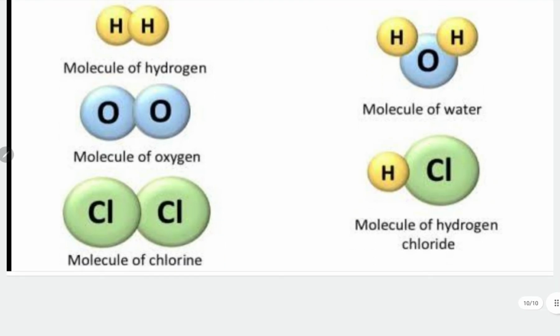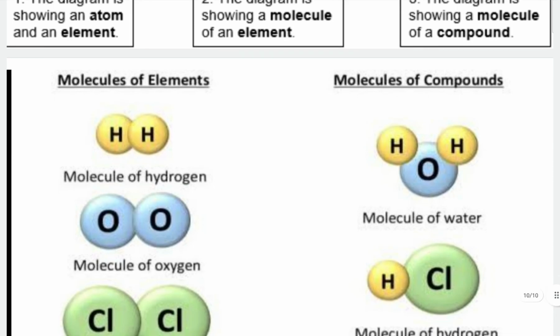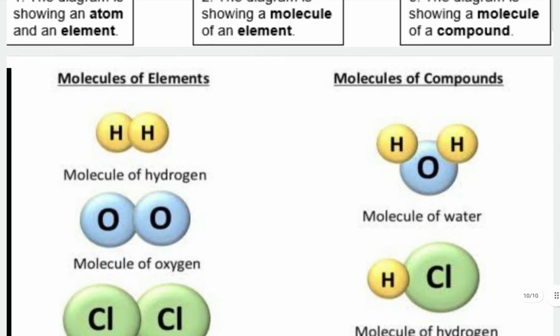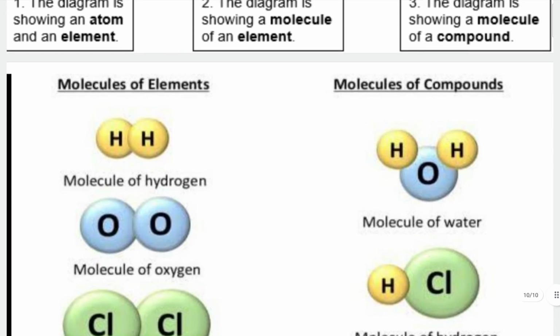Clear? So what have we studied today? We have studied that atoms are tiny particles of matter. Element means a substance made up of just one kind of atom. Atoms join together to form molecules.